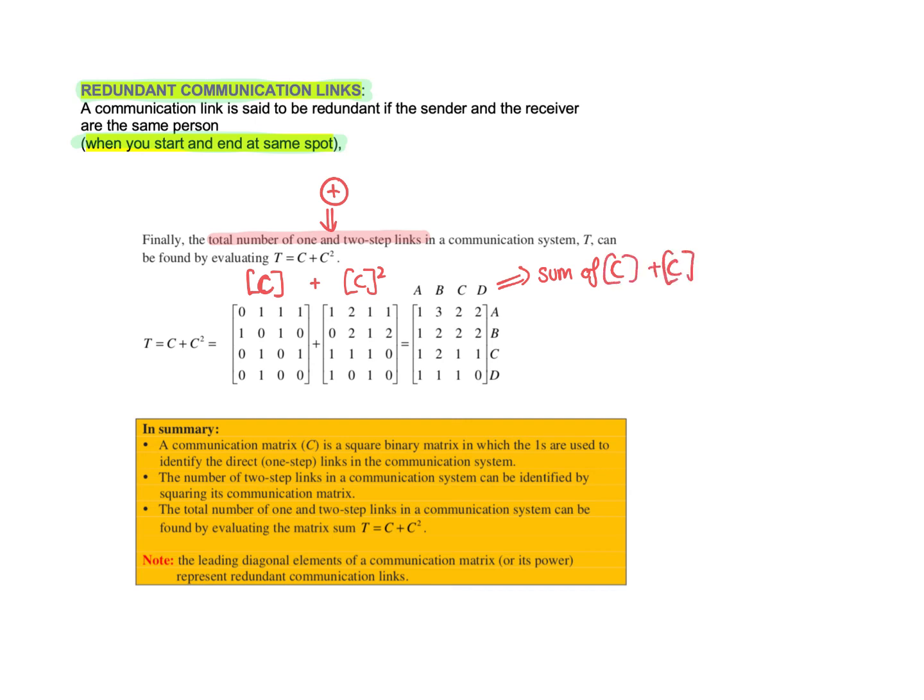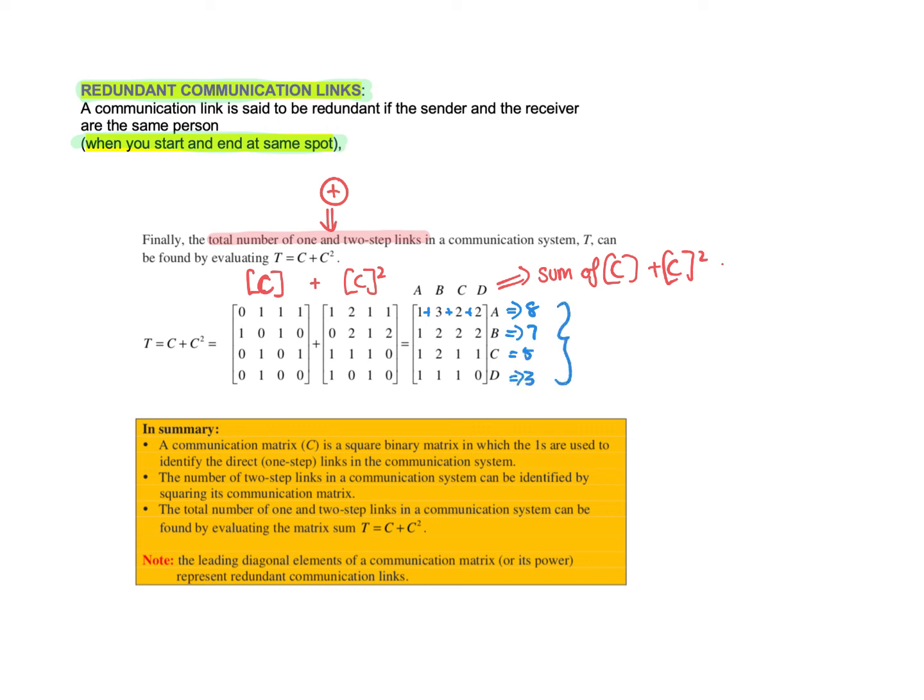When you're trying to add up the numbers, all you do is add across. So when they ask for the total number of 1 and 2 steps, for A, you just add across here: 1 plus 3 is 4, plus 2 is 6, plus 2 is 8. So this one's 8, this one has 7, this one has 5, and this one has 3.